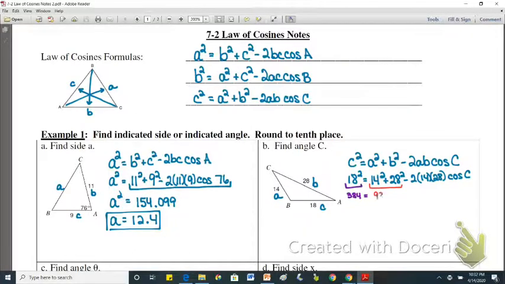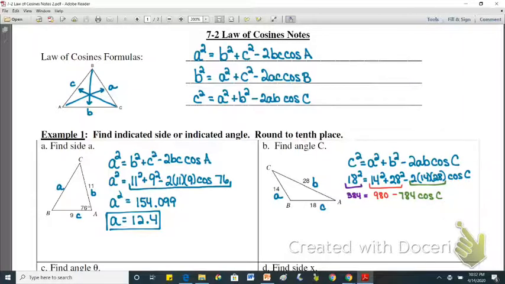That gets me 980. Minus. Okay. Here I'm going to type all of this in my calculator. That ends up being 784. Bring down the cosine of C.